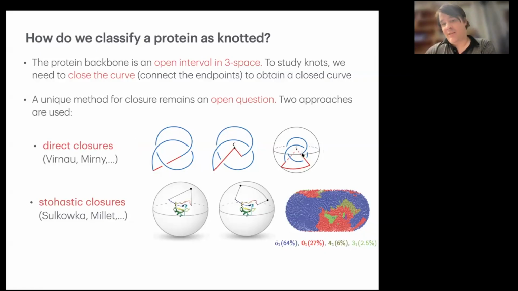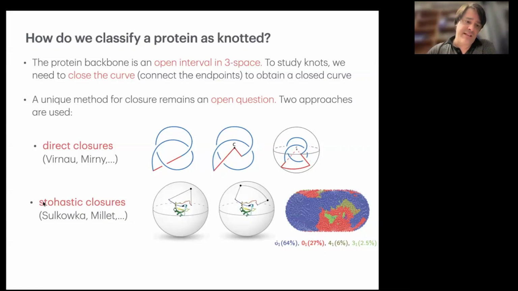And then you can, for example, put the protein inside a ball and project from the mass center. So take the line from the center to one end, get the intersection, and to the other end, take the minimal curve, and you can get another type of closure. So there are many ways of a direct closure.